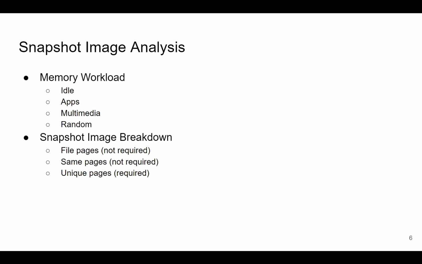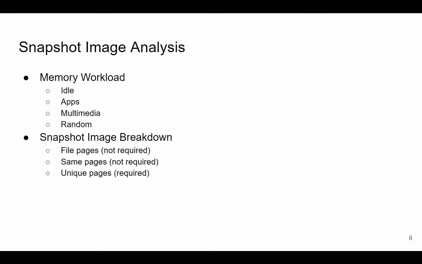A snapshot image is a status of memory on suspend. Generally, a bigger snapshot image leads to more time to boot a system because it takes more time to read the snapshot image. We found out through our experiment that memory workloads affect snapshot image sizes.